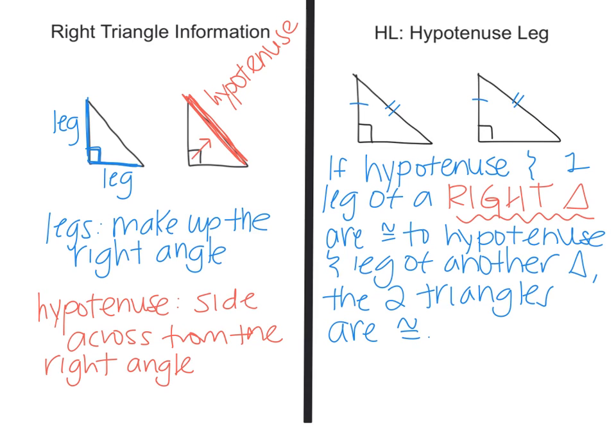If I add some letters, I could say triangle ABC is congruent to triangle DEF.